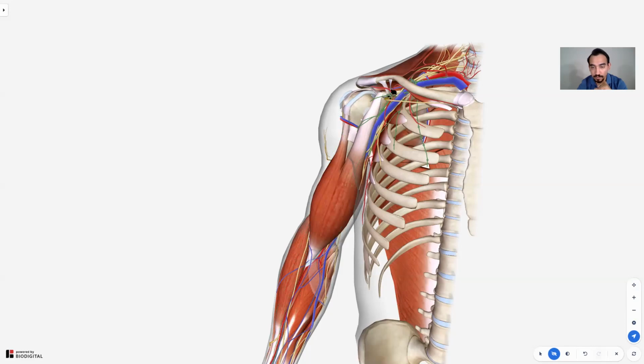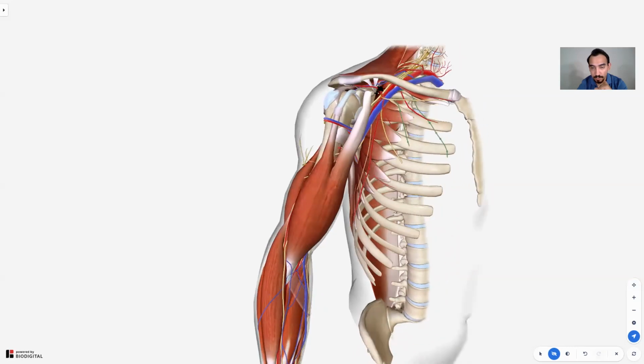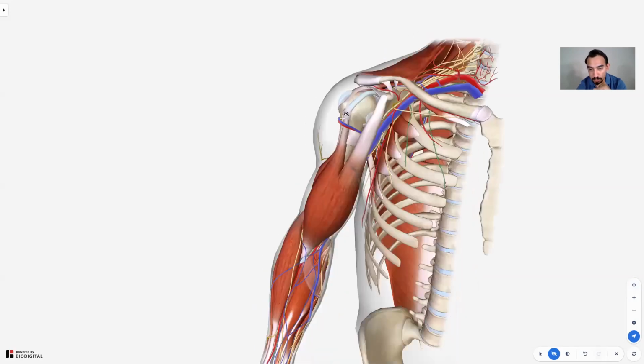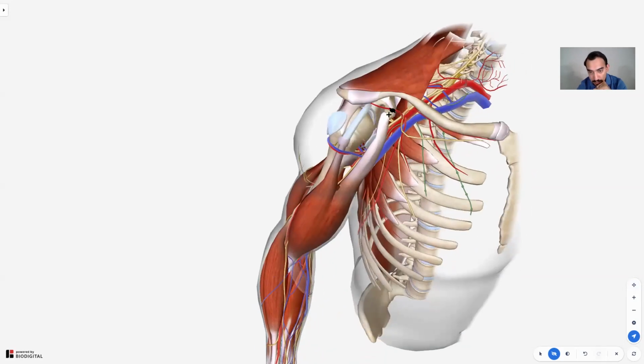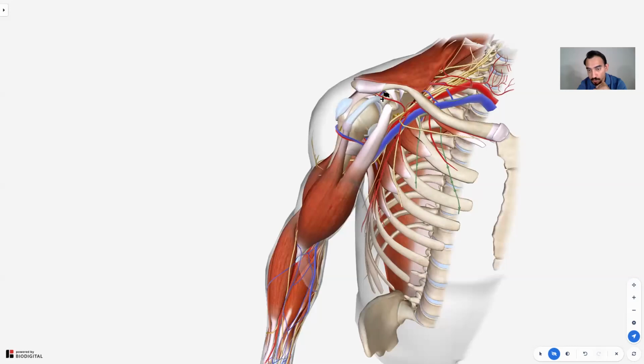I removed all the limb, so you can see it attaches at the coracoid process. The long head goes up and attaches to the supraglenoid tubercle, the superior part of the glenoid.